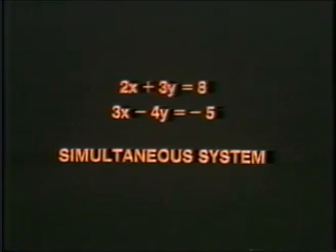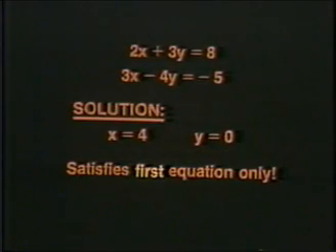I've already told you the answer, but now we're going to approach it step by step, because plunging in doesn't work. For example, I can grab hold of an answer that works for the first equation, x equals 4, y equals 0. But it doesn't work at all for the second. Check it out and you'll see.